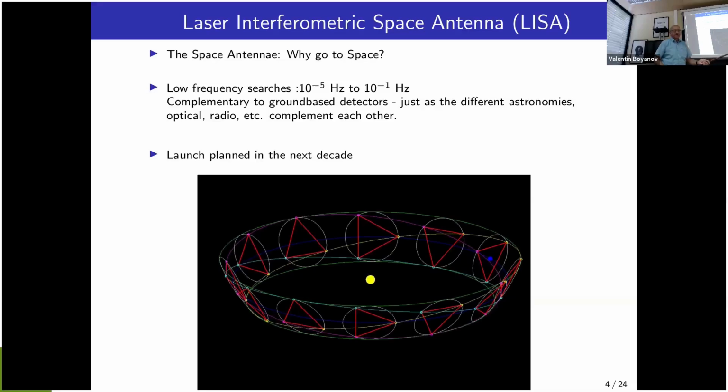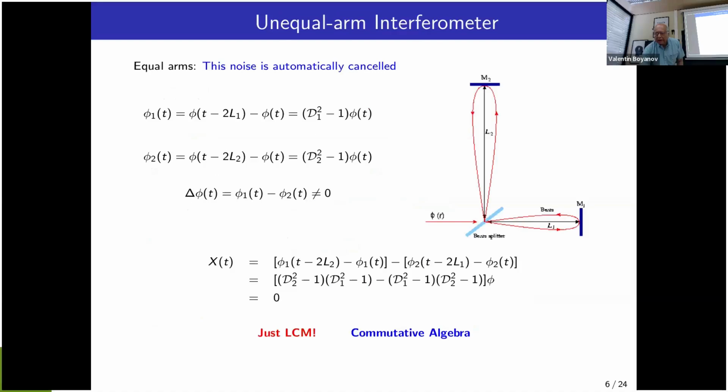And that's possible. There is a particular set of orbits where you can do this. Now, because they are freely floating, you can't keep the arms exactly equal. So you have to do something else. You have to cancel this laser frequency noise. Yours is a million times larger than the other noise.